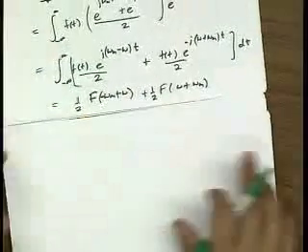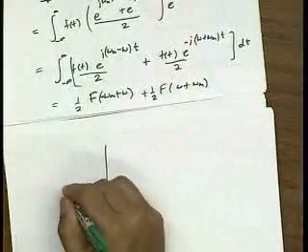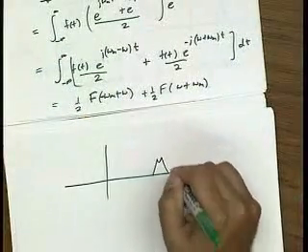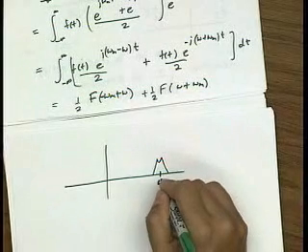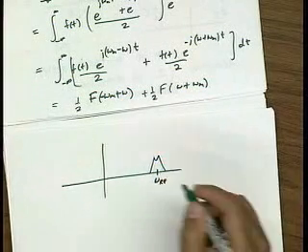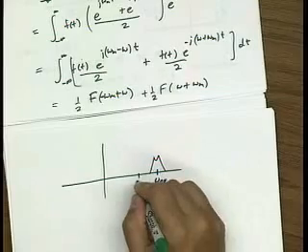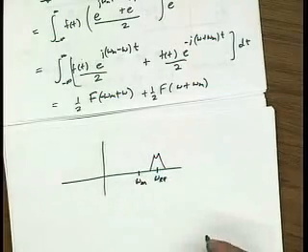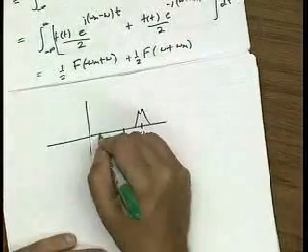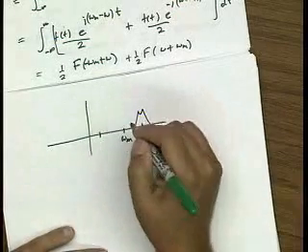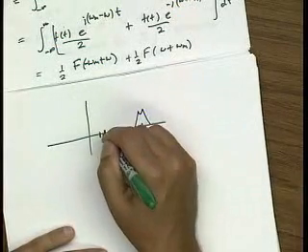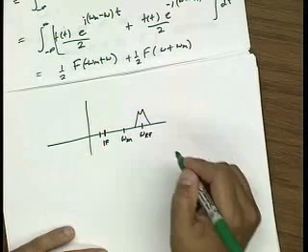Let me draw a picture to make it more clear. Okay, so I start out with my arbitrary waveform at some frequency omega rf. Let's say this is omega m, and this is a difference frequency. Let me put it over here. This is my IF frequency.